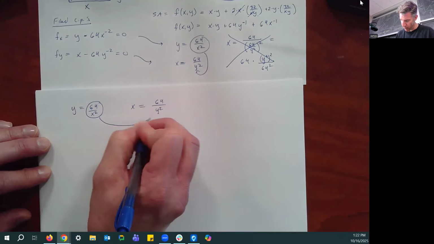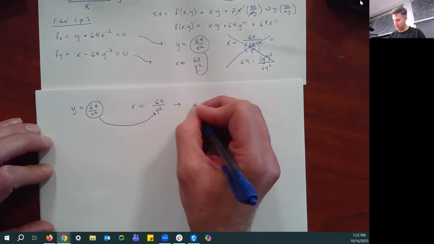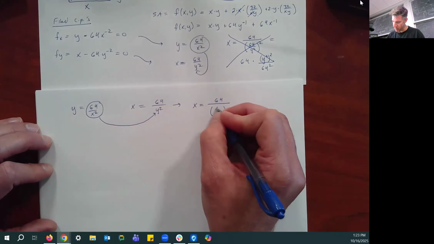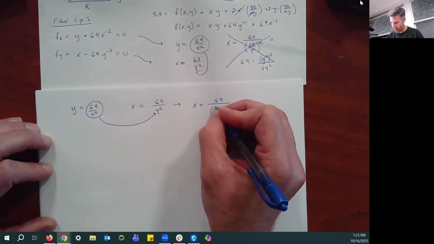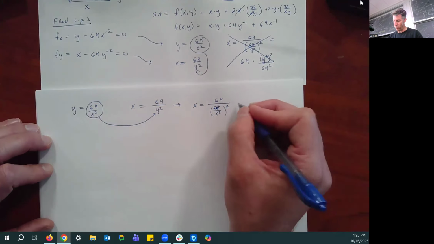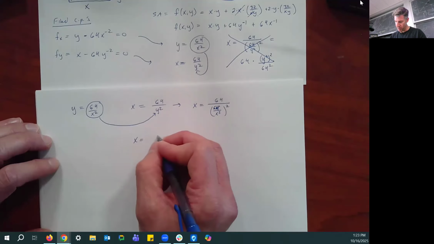So that goes in for y right there. Let me write this the correct way this time: x equal to 64 over x squared squared.